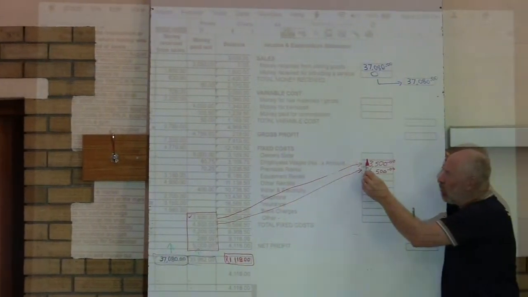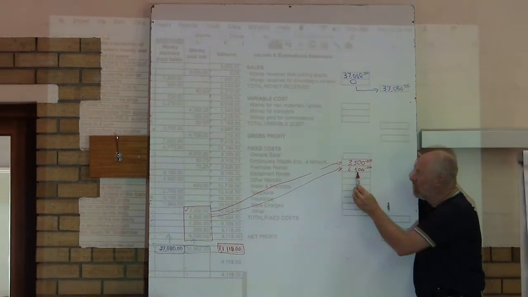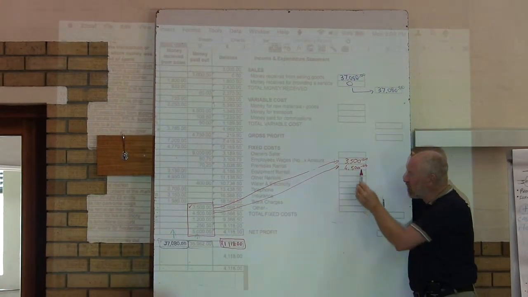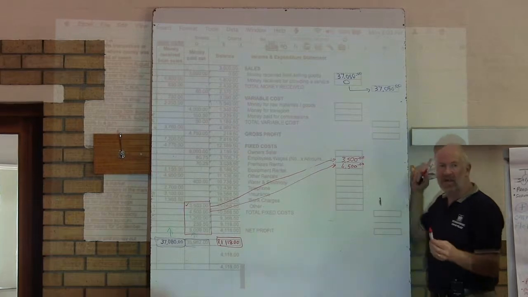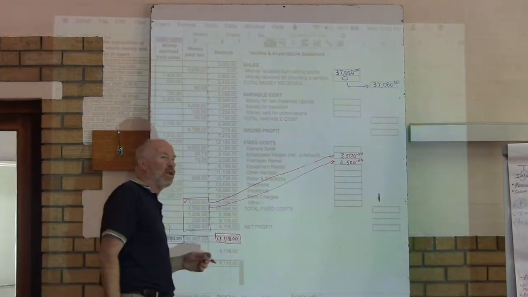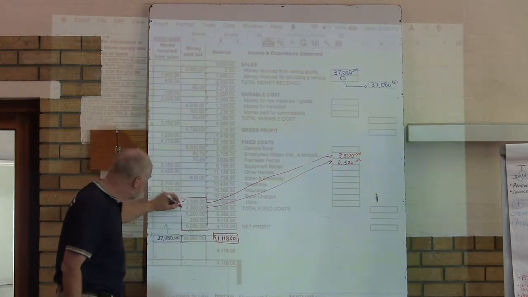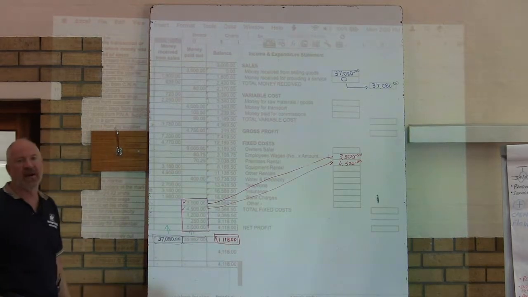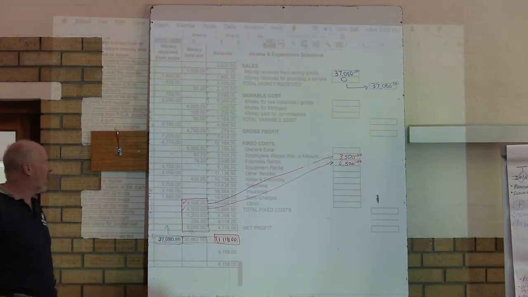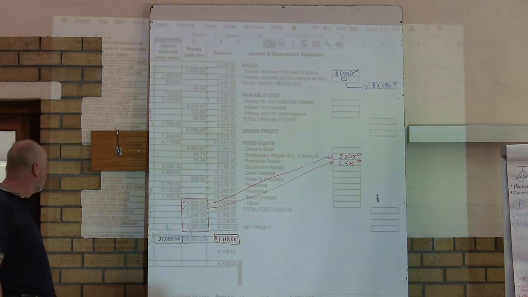So you can see that all of the thousands are written in a column there. Try and keep it neat in columns. It's going to be much easier for you to add up if you're doing it manually. Okay, and then we tick off the fact that we've moved our premises rental across to our income statement.